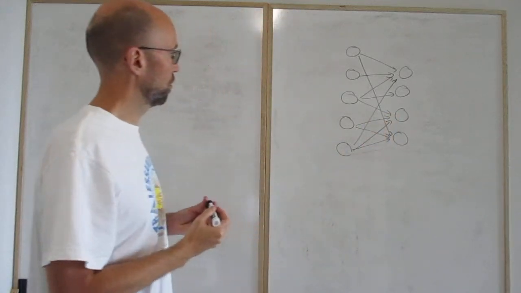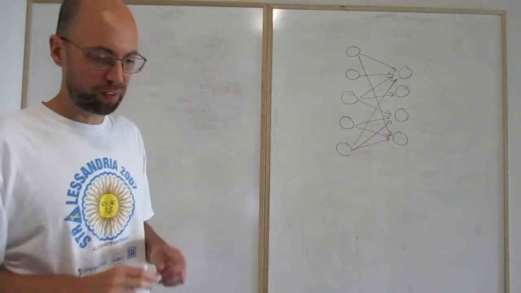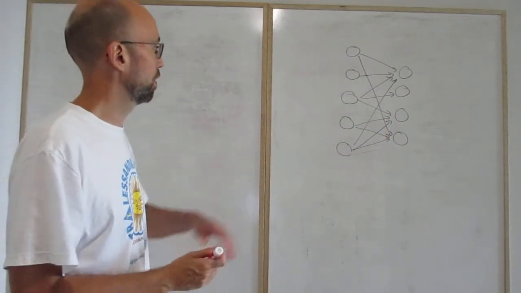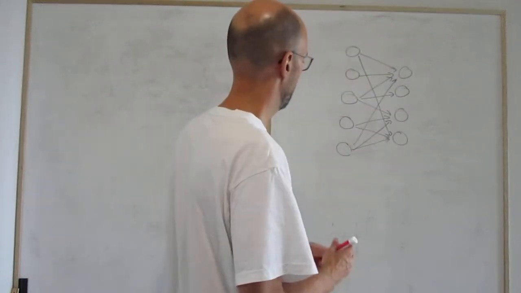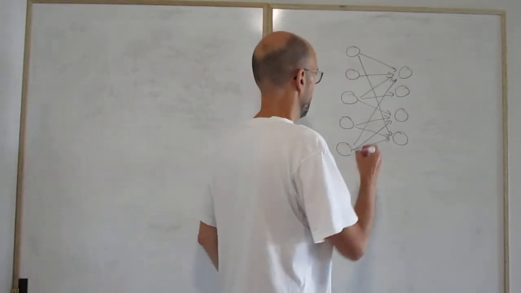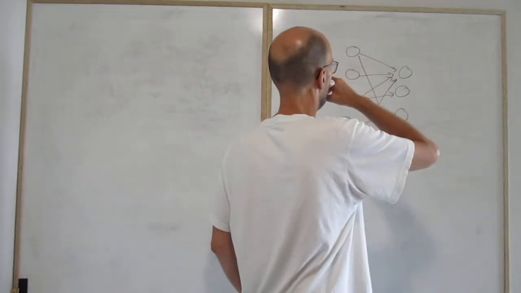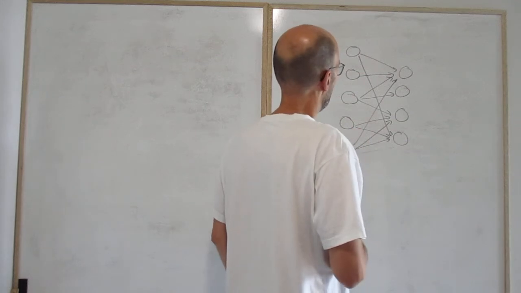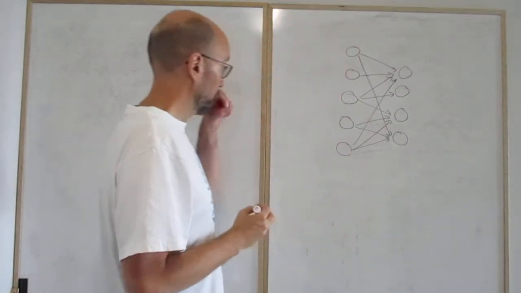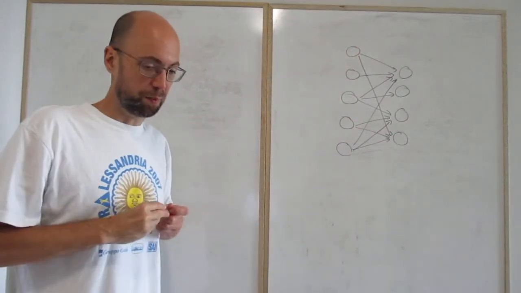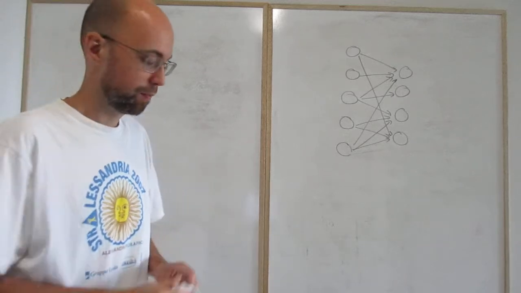This is a directed bipartite graph. So you have one bipartition, another bipartition, and I think we're going to make it unweighted, just to make my life easier.